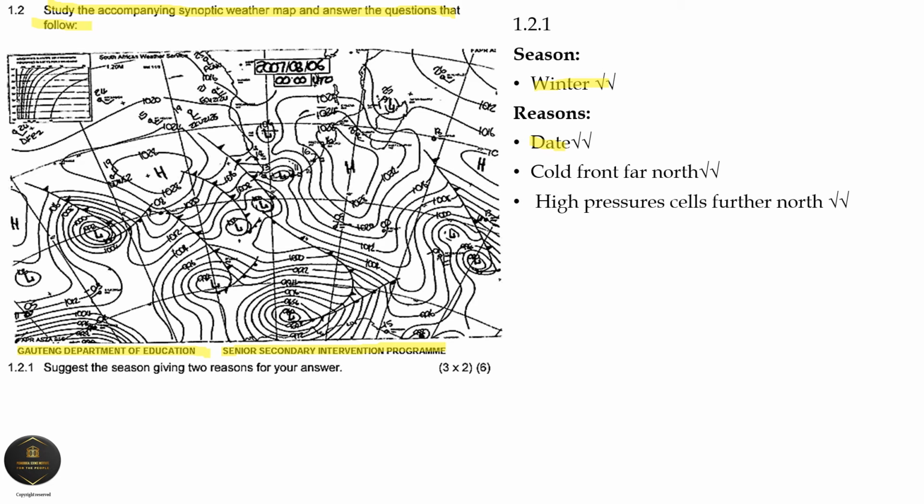And again, the cold front is far north, so the cold front is closer to the interior, which means the ITCZ is not in the southern hemisphere. And your high pressure cells are also further north, which means they are not blocking mid-latitude cyclones from affecting the interior. So these are some of the visible reasons for that. So they said give 2, we gave 3.